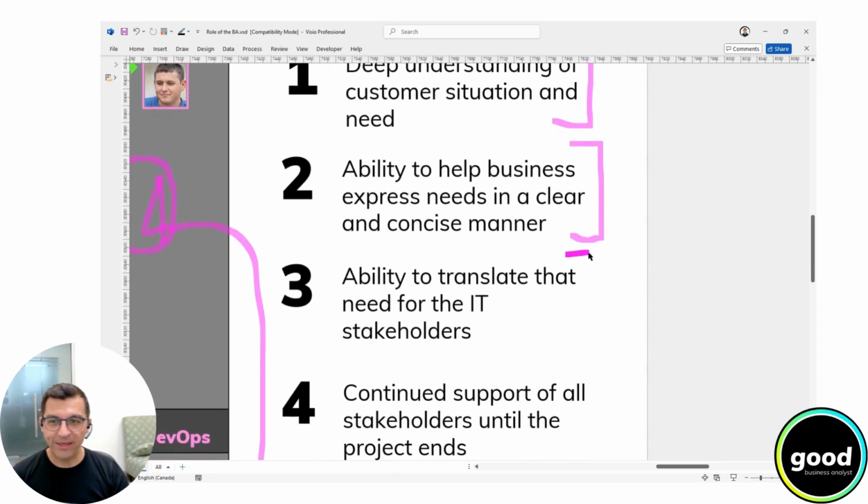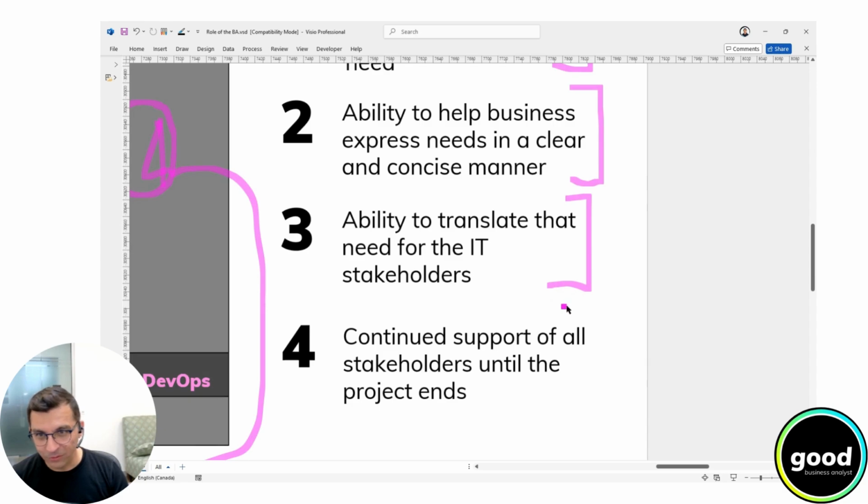And then you have to have the ability to translate that need over to your IT stakeholders, so that they have the level of detail they need to design and build a solution that gets released back to the customer. And once that solution gets released back to the customer, what you're doing as an analyst is providing some continued support until the project is essentially over.